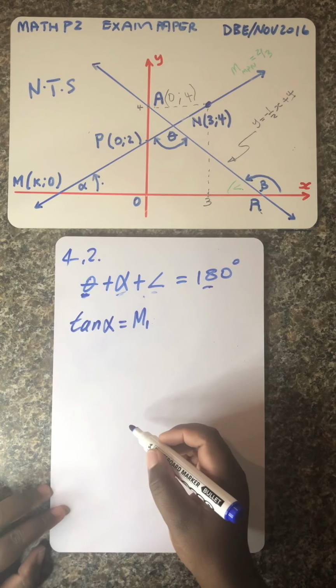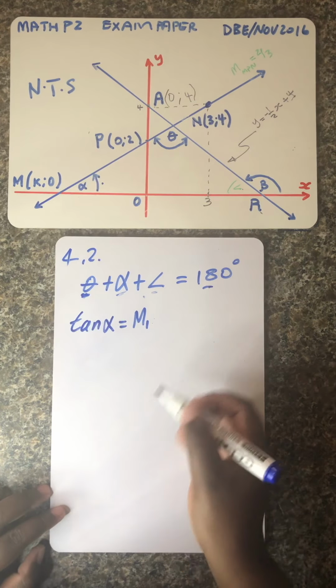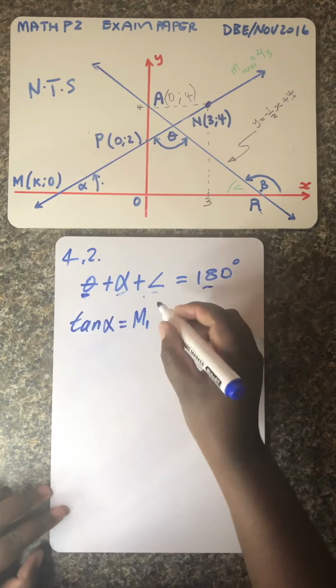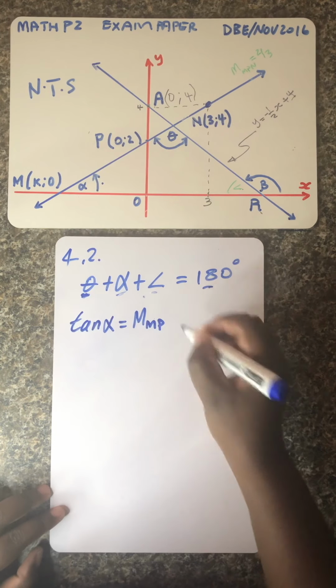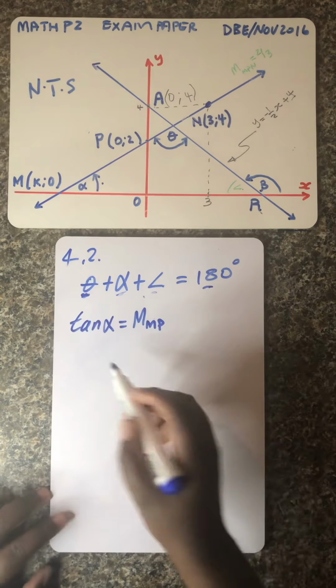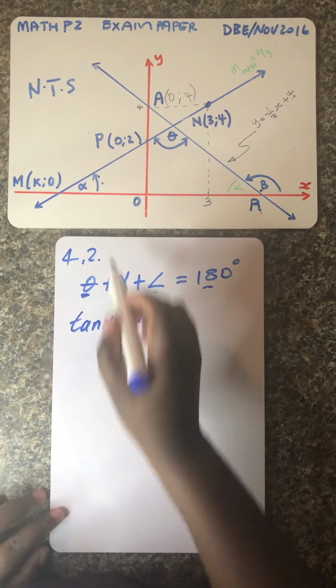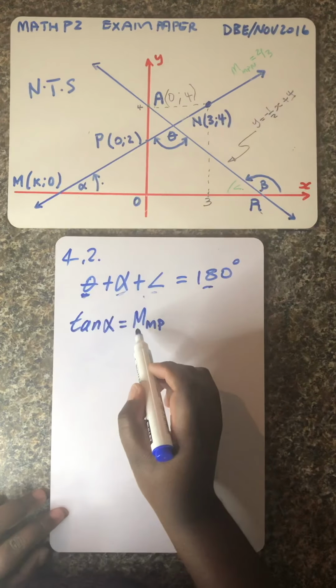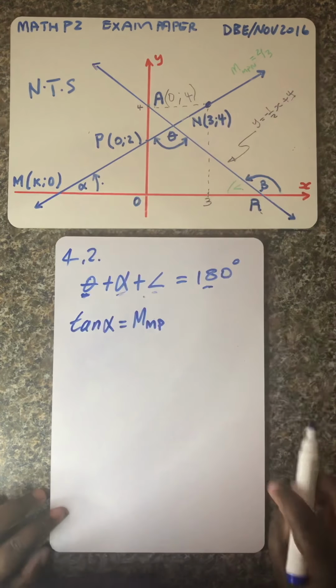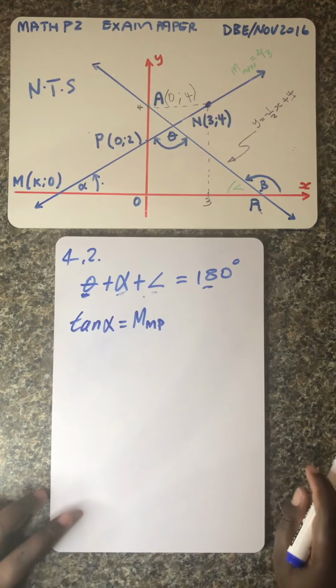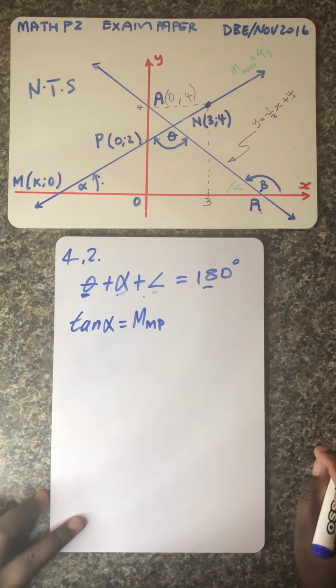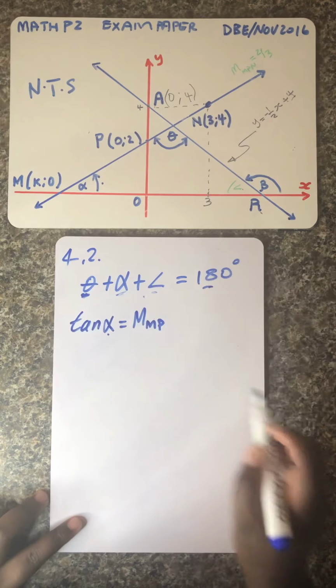So for our calculations, let's just refer to that line as MP. The tan of the angle is equal to the gradient of that line, so we make use of this formula to calculate that angle.